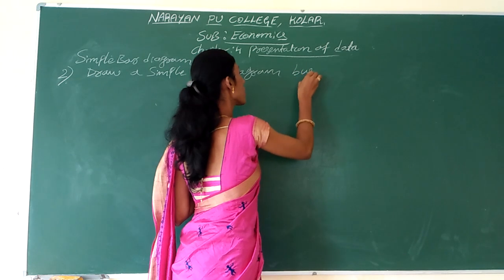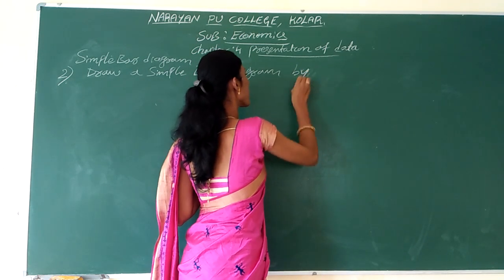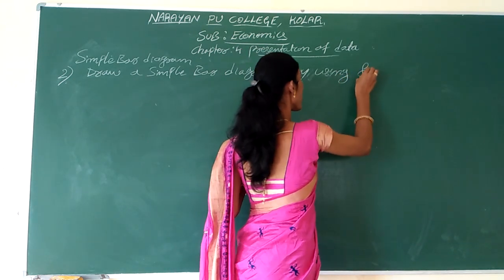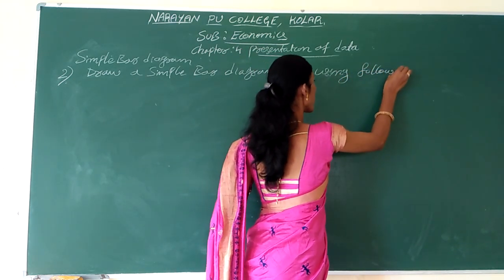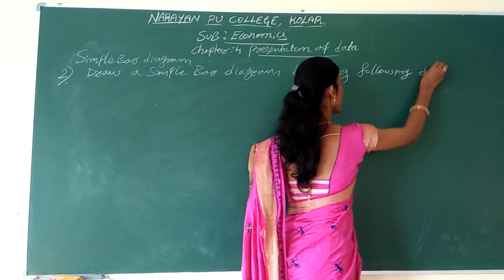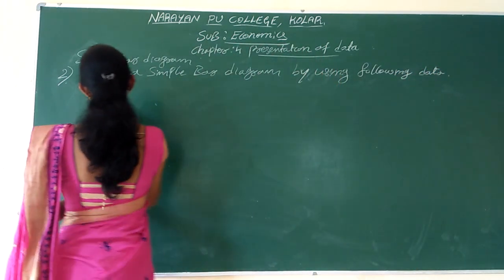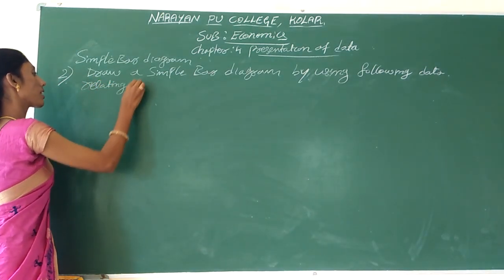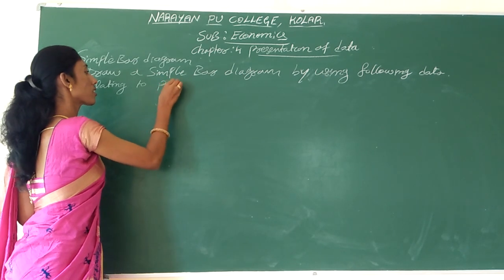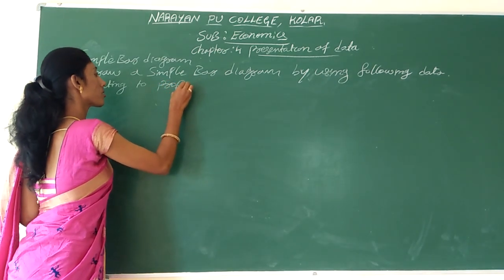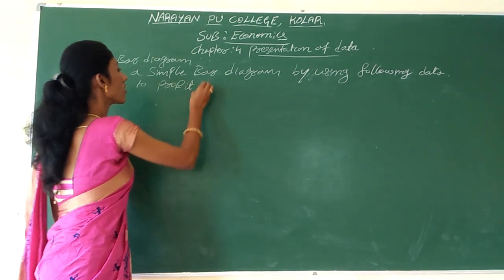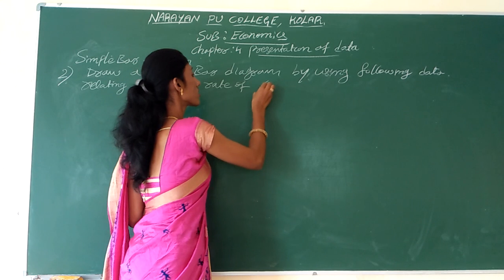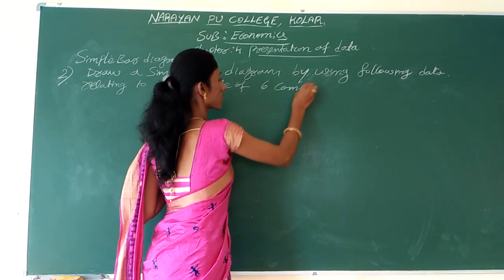Draw a simple bar diagram by using the following data relating to profit rate of 6 companies.